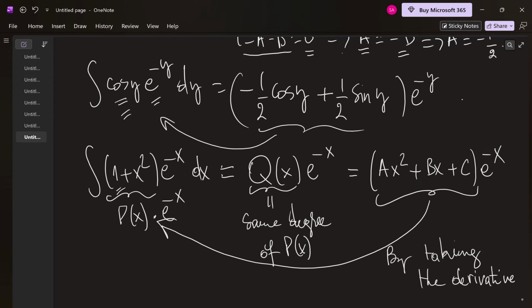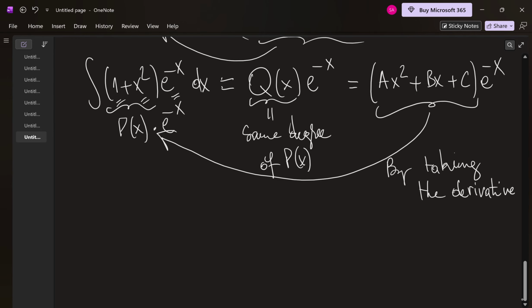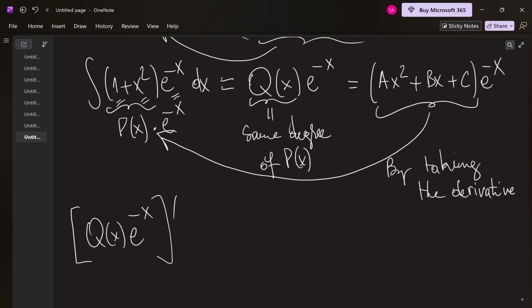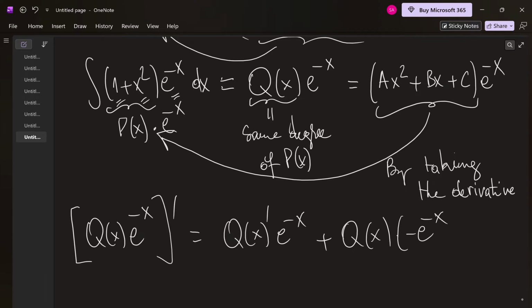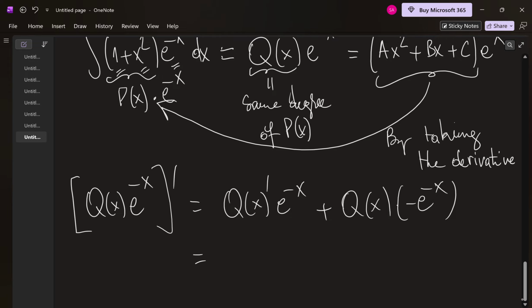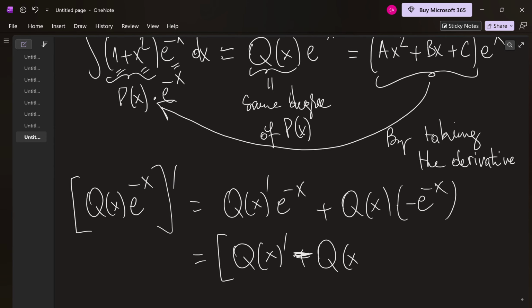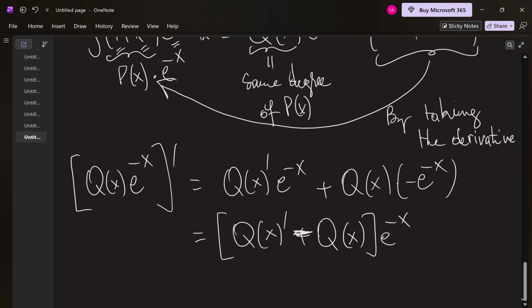By taking the derivative, we find 1 plus x squared times exponential minus x. So let's take the derivative of q(x) exponential minus x. It is the derivative of q(x) times exponential minus x, plus q(x) times minus exponential minus x. Now this becomes (q'(x) minus q(x)) exponential minus x.